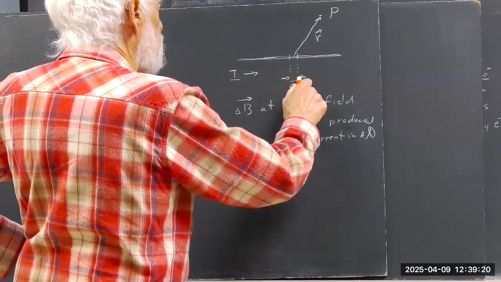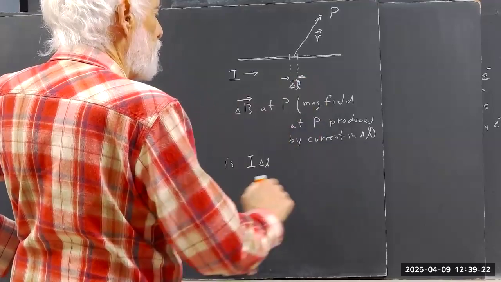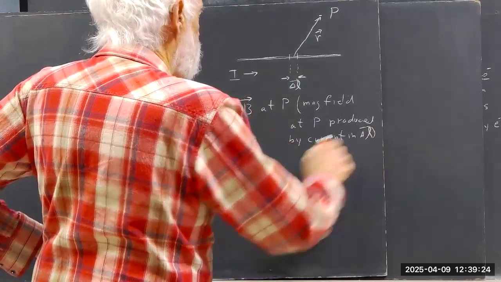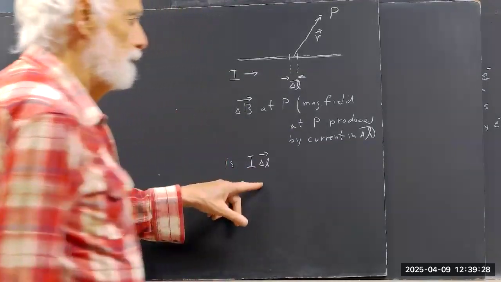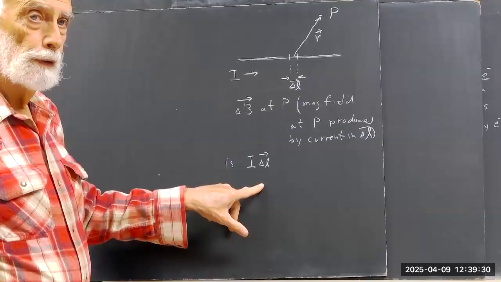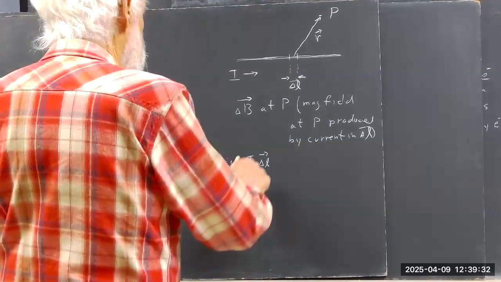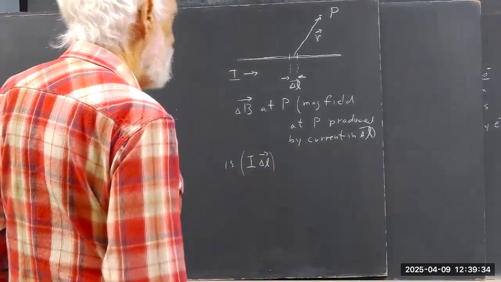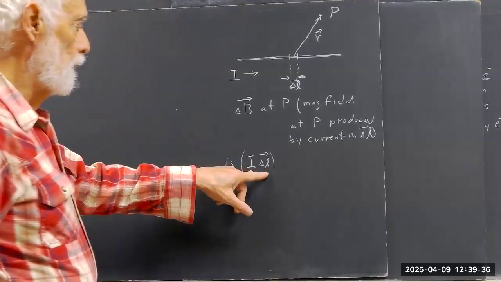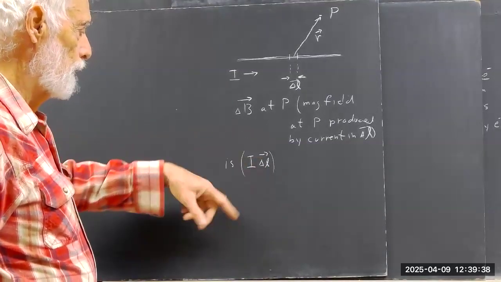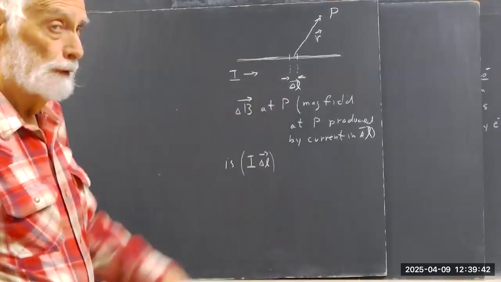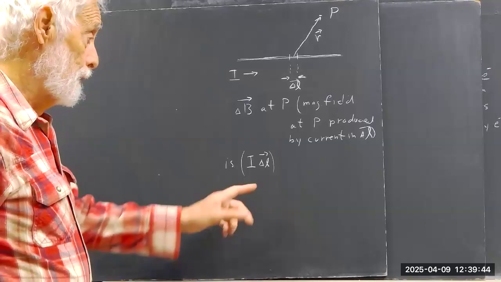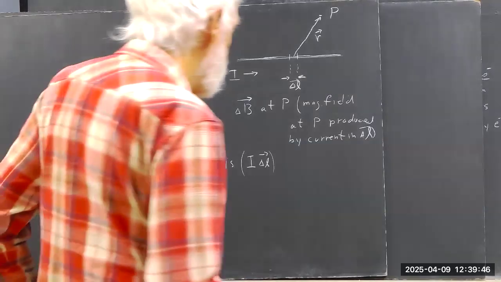Now the delta L segment is actually a vector. So I delta L is a vector, and I'll put parentheses around it. I could put the arrow over the delta L or over the whole thing, because a multiple of delta L is still a vector, right?